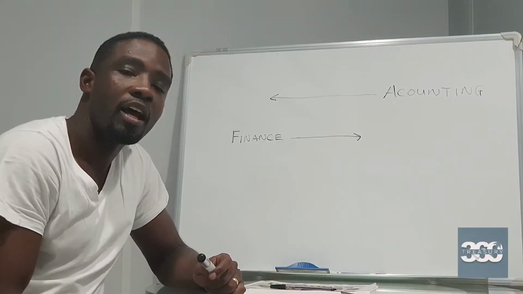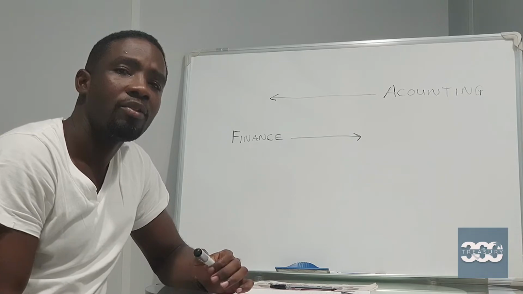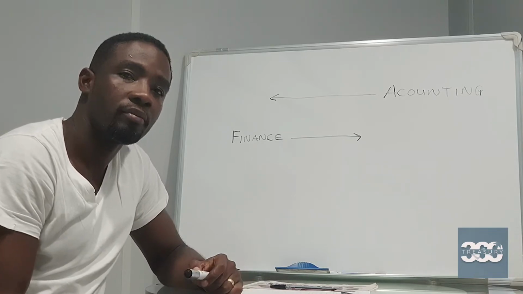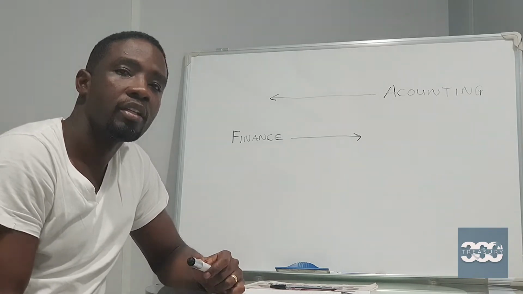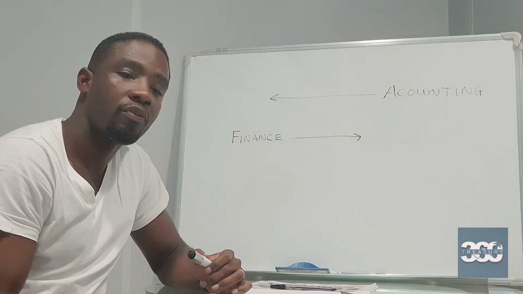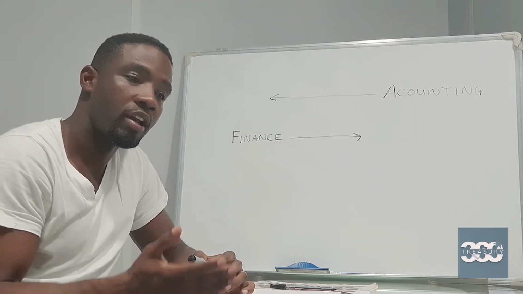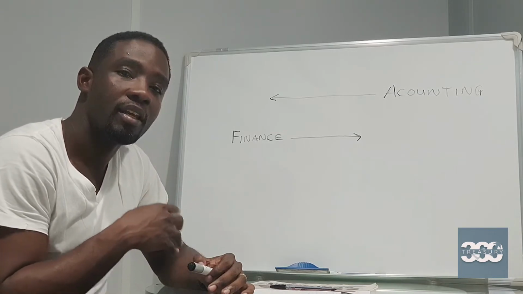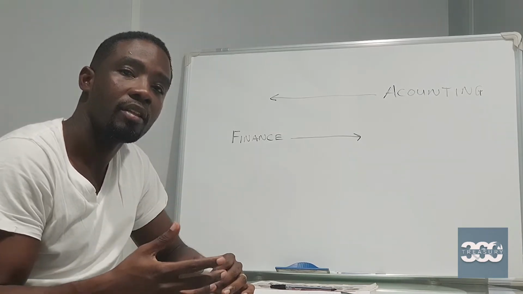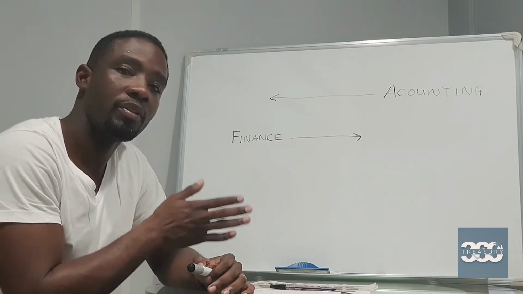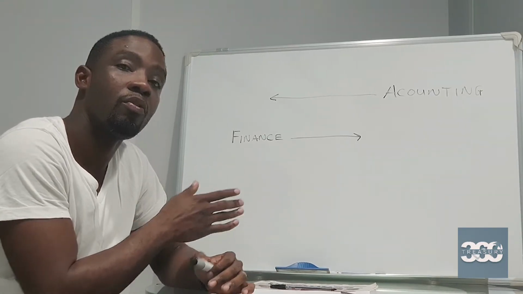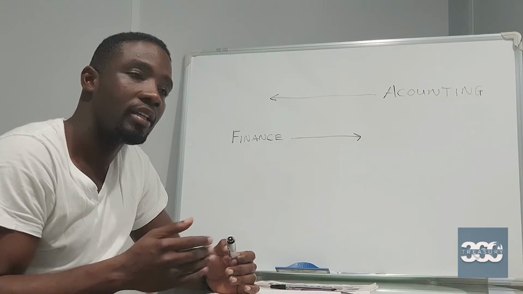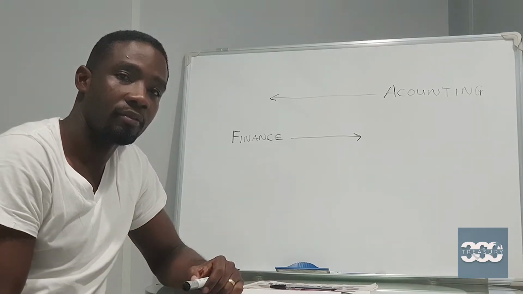Let's consider accounting. Accounting is historical looking by considering the economic activities of a company over a period and representing these economic activities in statements that depict or represent what exactly happened over the period. And that is the goal of accounting.